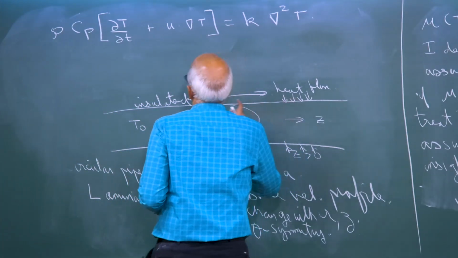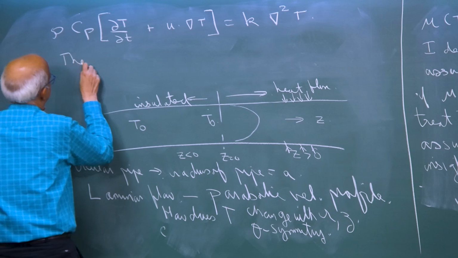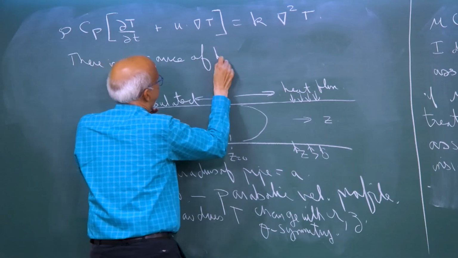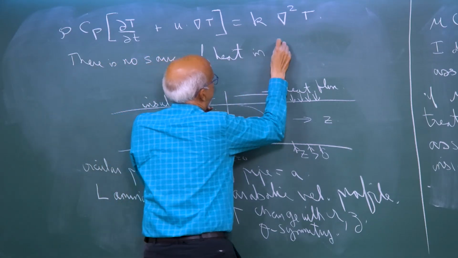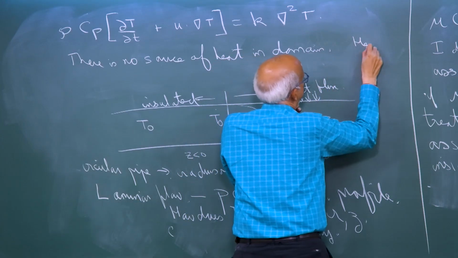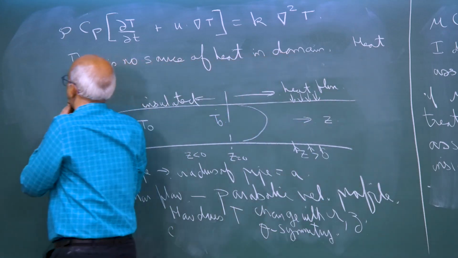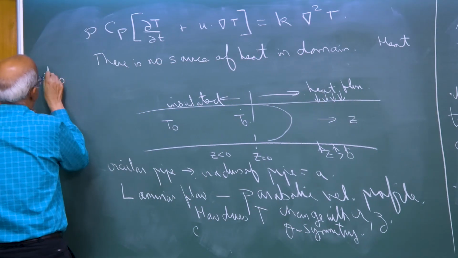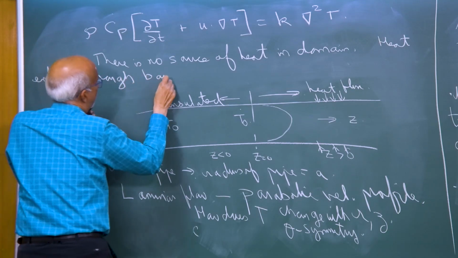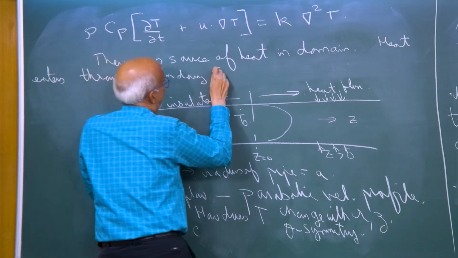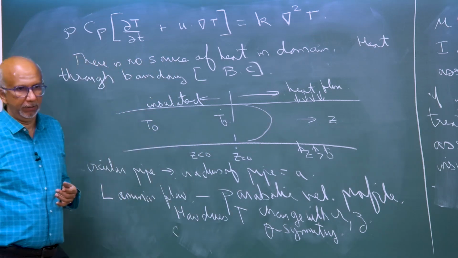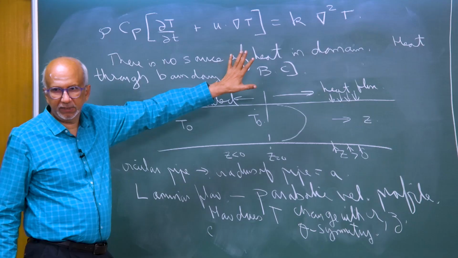So, there is no source of heat in the domain, and heat enters through the boundary condition. Earlier I spoke that there may be some reaction, then some source term has to come in.